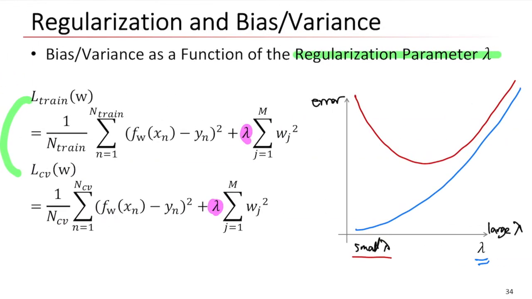Then the training error will be small, but there will be a very large cross validation error. So let's say this is the cross validation error, and this is the train error. So this is the just-right region we want to find.